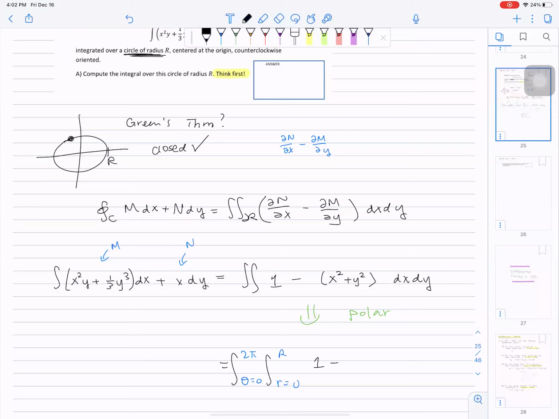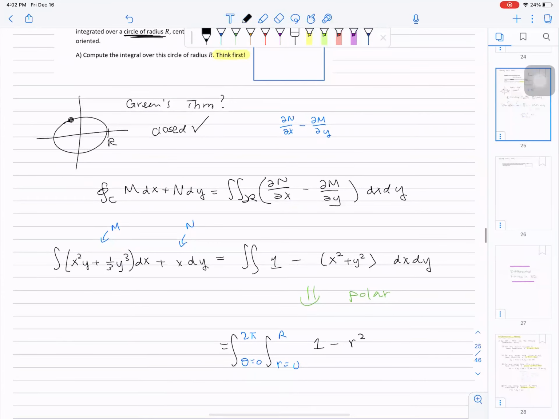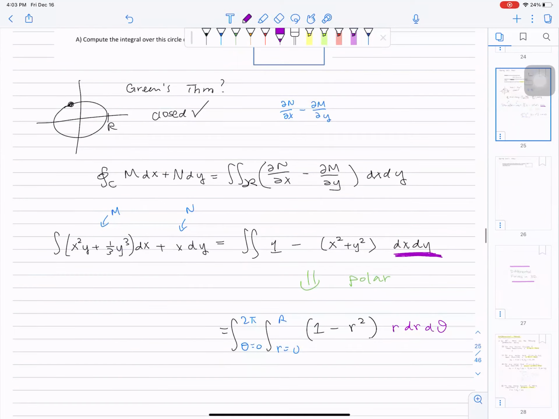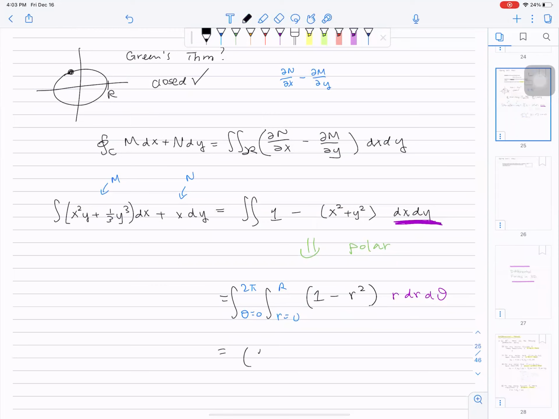We have 1 minus, what is x squared plus y squared in polar coordinates? That's r squared. Okay, and then finally the differentials, when I convert to polar, it becomes r dr d theta. So I can do this all out and I'll get this as my final answer.